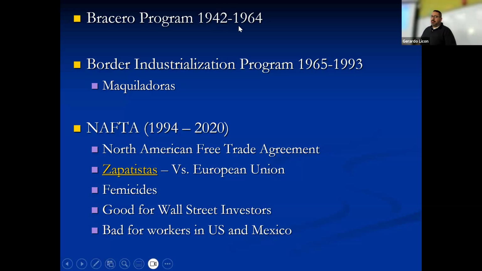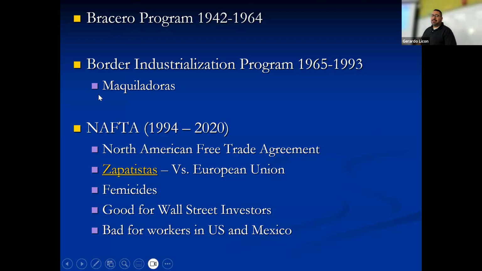Now, agriculture in particular liked the Bracero program so much that they lobbied Congress to renew it year after year, way beyond the end of World War II in 1945, all the way until 1964.